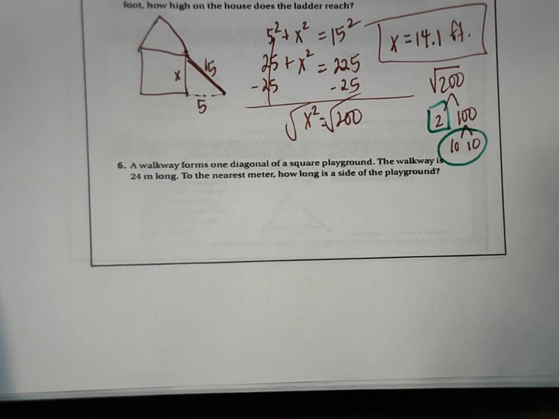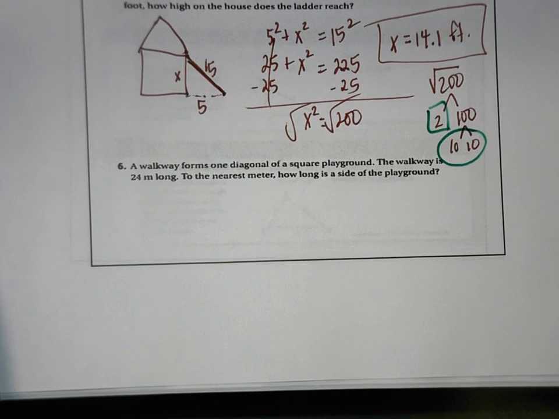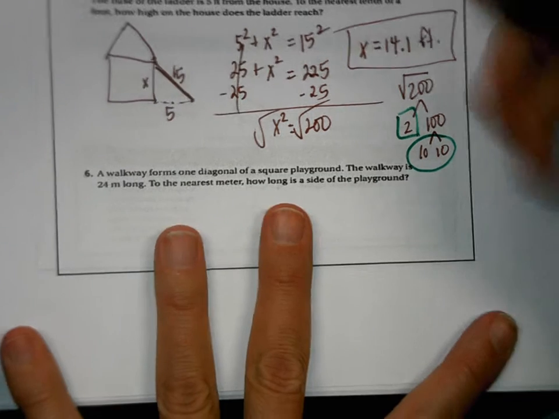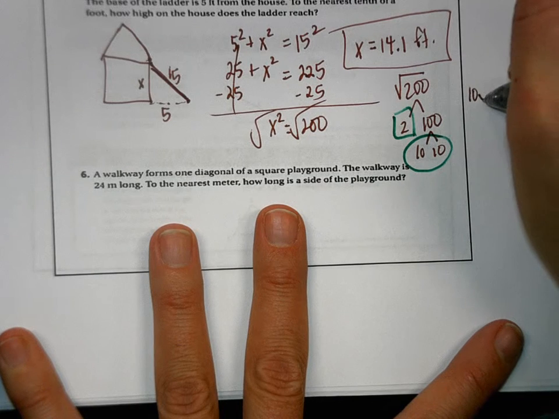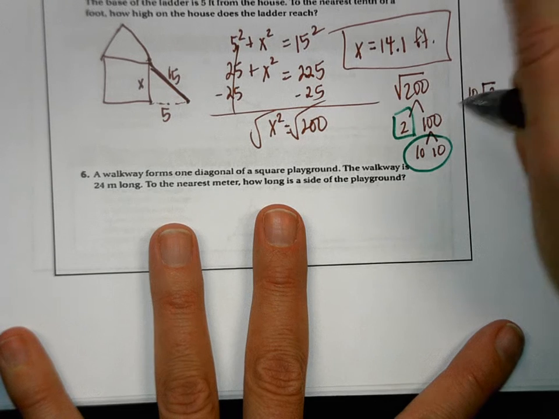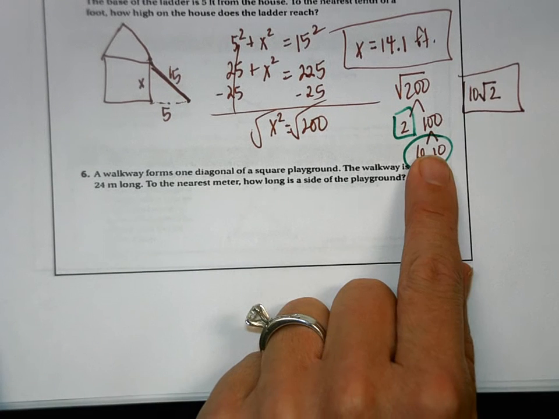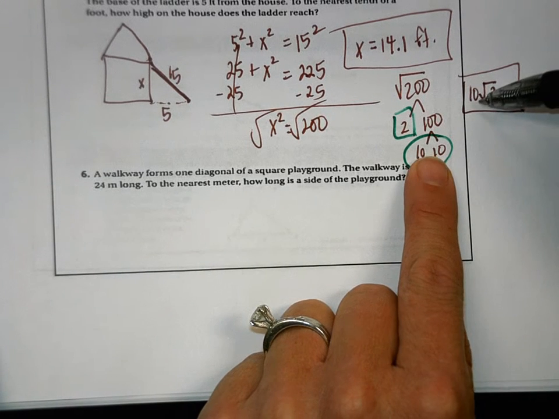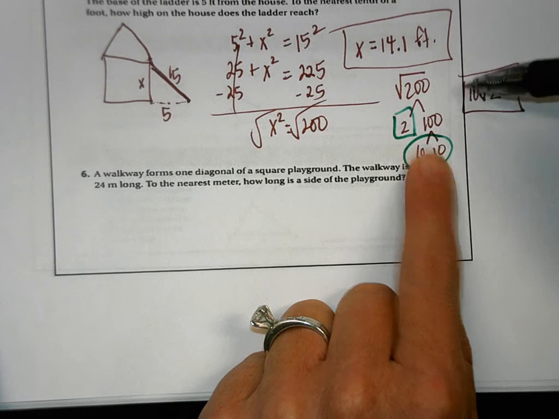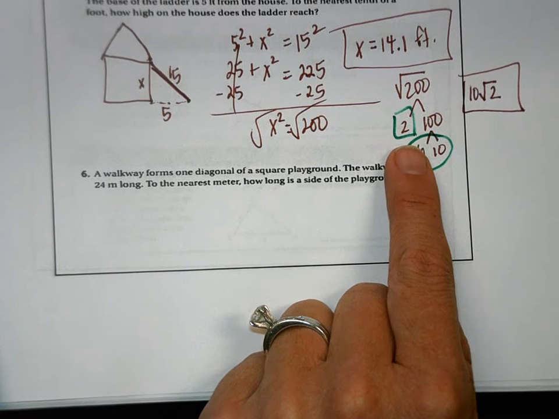Once you have a pair of numbers, you don't have to break them down further. So I have a pair of 10s and a 2 left over, and so I end up with 10 root 2. So again, remember the pair becomes just one number, so the 10 gets brought out, and then the 2 is left over inside.